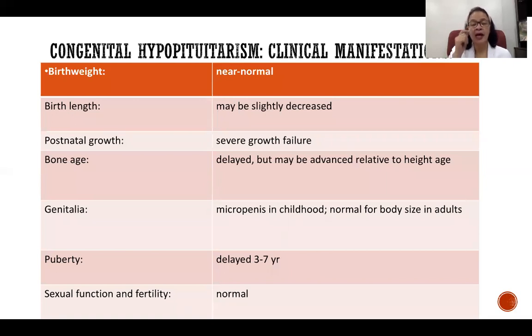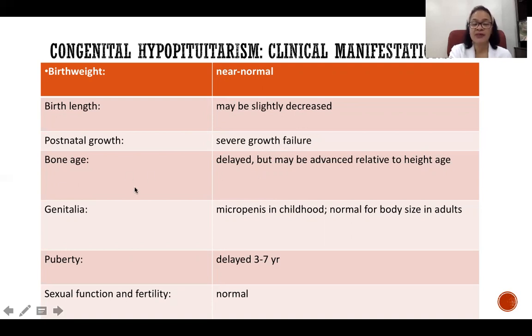For congenital hypopituitarism, the birth weight of the infants is almost always normal. The birth length may be slightly decreased, but it's not that obvious during birth. And postnatally, the growth failure is severe.